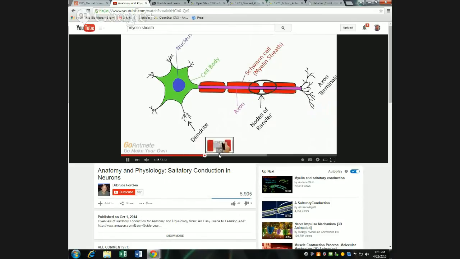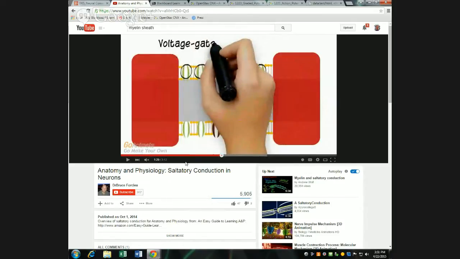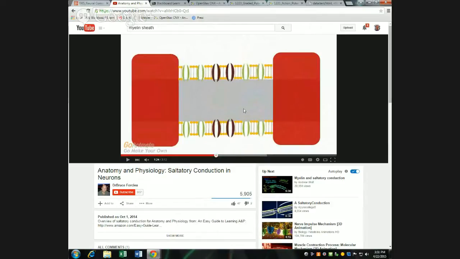But in this video, as they're talking about this, they're showing here in the node, there are voltage-gated sodium channels and voltage-gated potassium channels. So there are all the things that are necessary for an action potential to happen here. They're not in the membrane that's wrapped by the myelin.